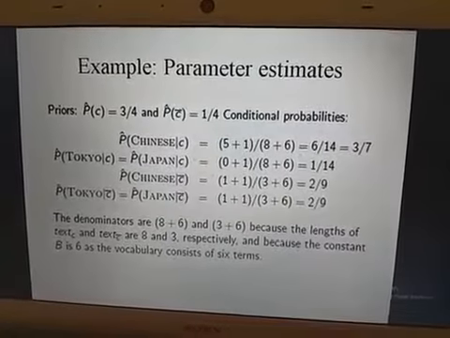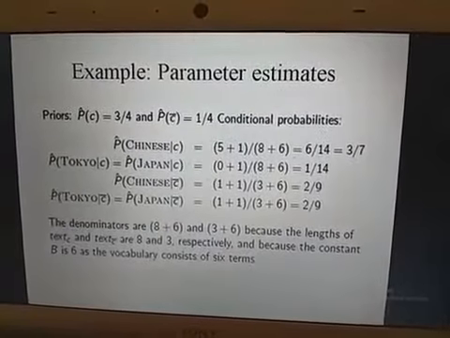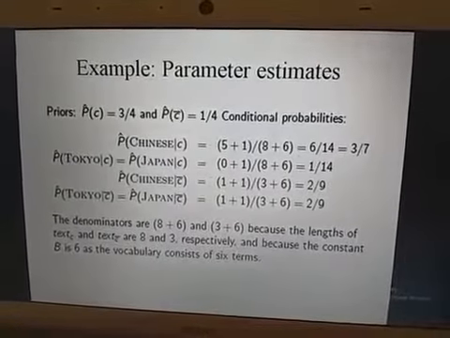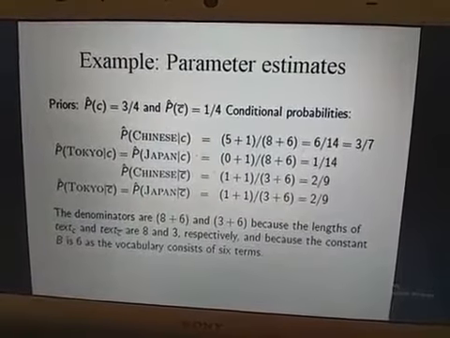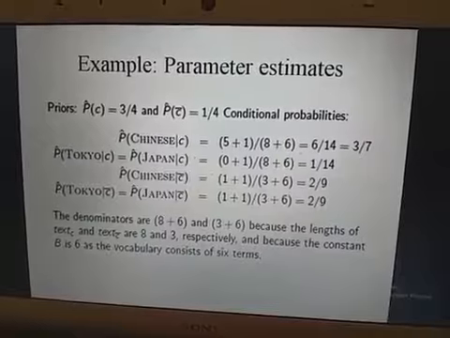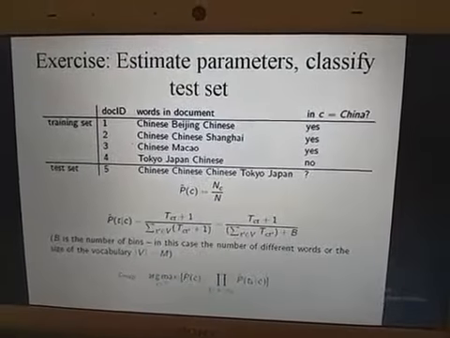Like for the first three documents it is calculated for Chinese. For Tokyo and Japan in the fourth document, since they do not belong to China, T C T equals 0, the distinct terms are, as I told, 6, and as a whole it is present 8.